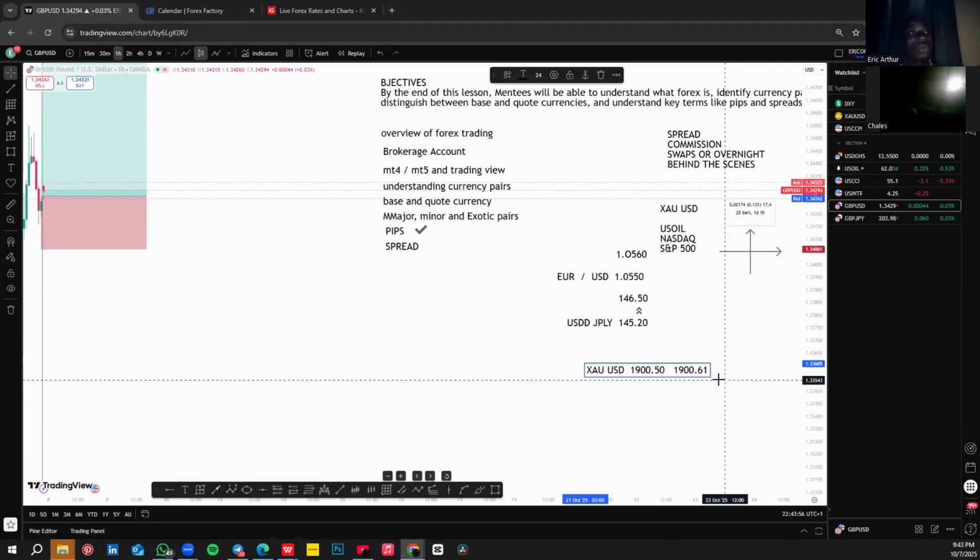So that's how it is. When it comes here, that means it has moved 100 pips. Let's say from 0 to this, it has moved 111 pips. You get it? Do you understand?